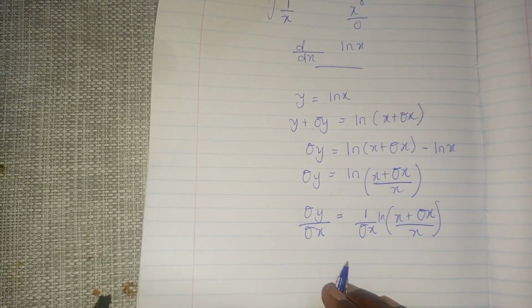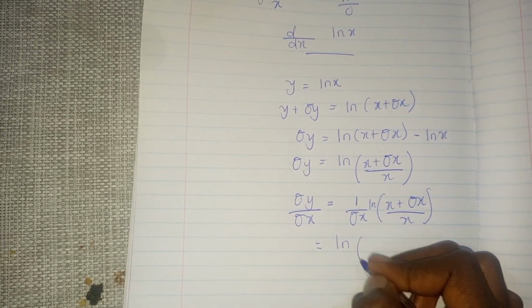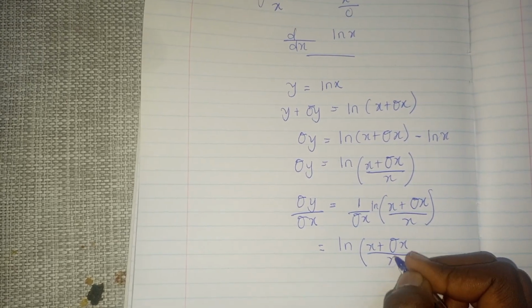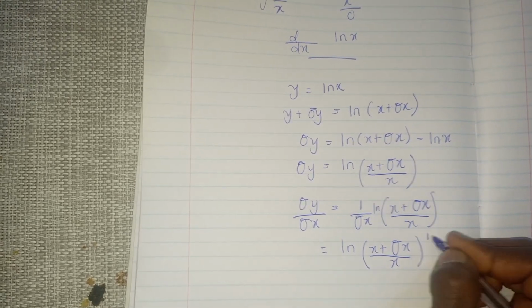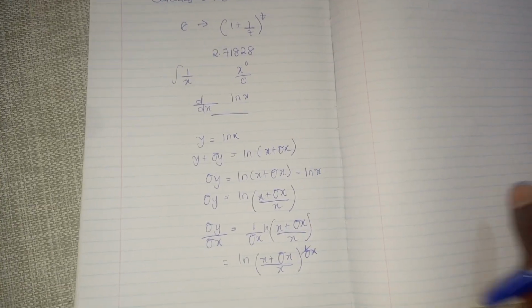So we know that according to the rule of logarithms, this is ln of ((x plus increment x) over x) to the power 1 over increment x. So I'm just going to go ahead and write it on the other side.